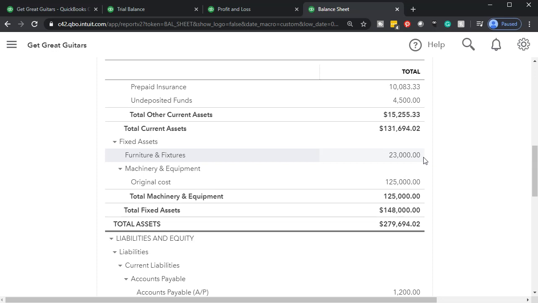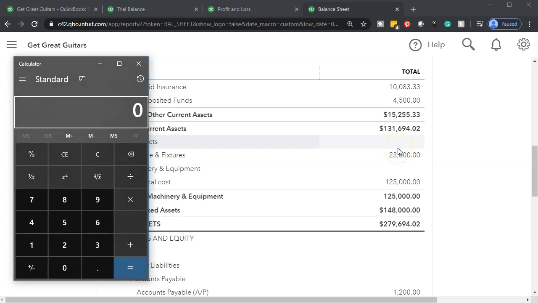Now, the basis of depreciation is typically going to be a straight line basis. So you would take each individual piece of equipment, like the 125. I'm going to take the whole thing for us plus the 23,000, and then that would be a total here divided by the useful life, whatever that may be, and how many years you think it's going to be depreciated over. Let's say for us it's going to be 7, and then we would get 21,142 per year.